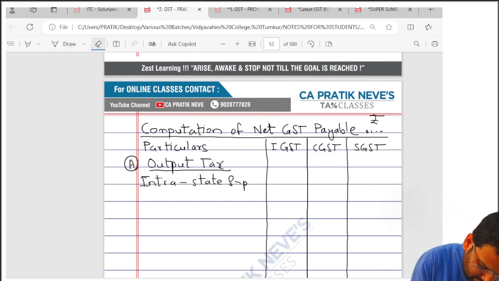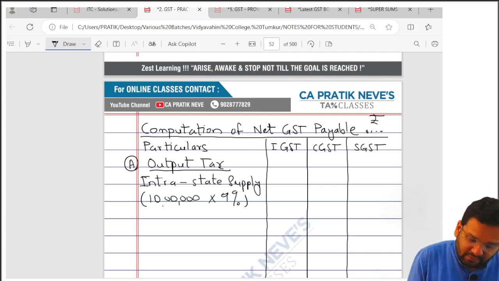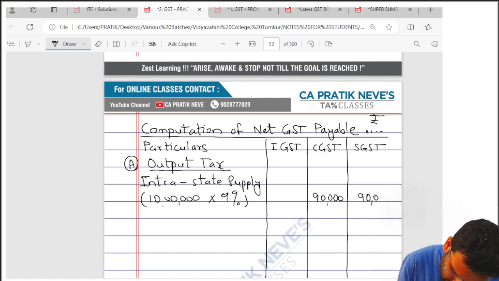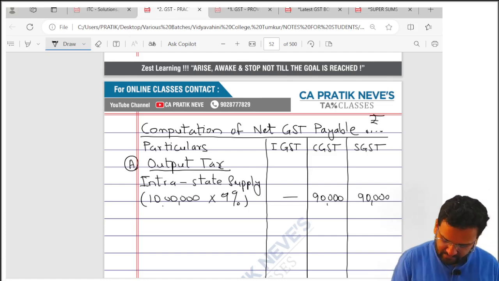Can you tell me what is the amount of intra-state supply? Sorry, 10 lakhs. So 10 lakh into 9% each. So how much are you getting? 90,000, 90,000.